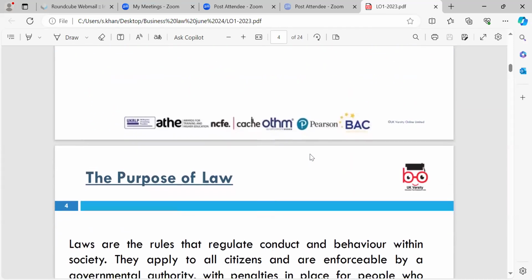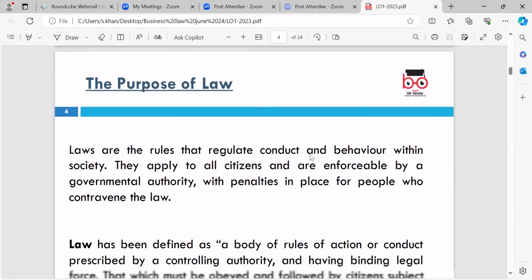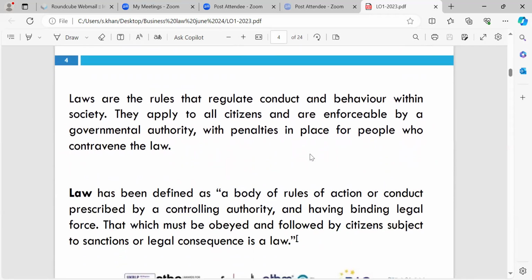So the purpose of law. Laws are the rules that regulate conduct and behaviour within society. So laws have to be put in place to identify things. For example, if you commit a criminal offence, there are laws in place to say that you must be sentenced for that.